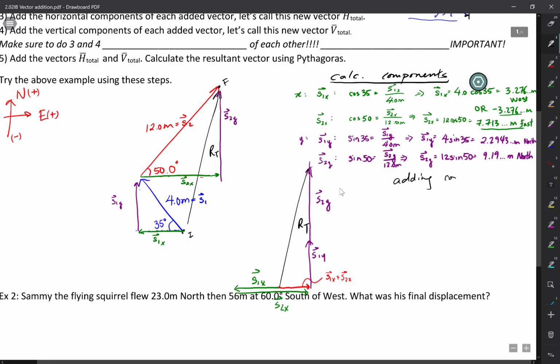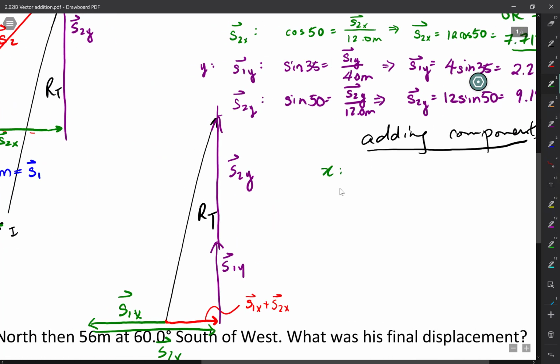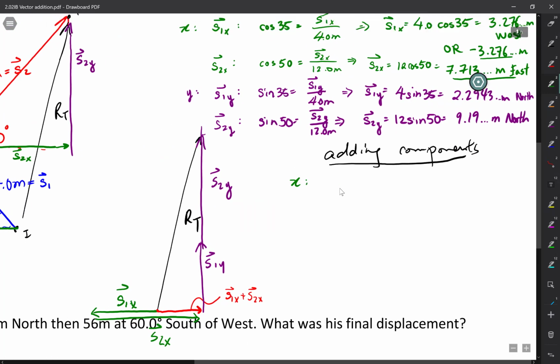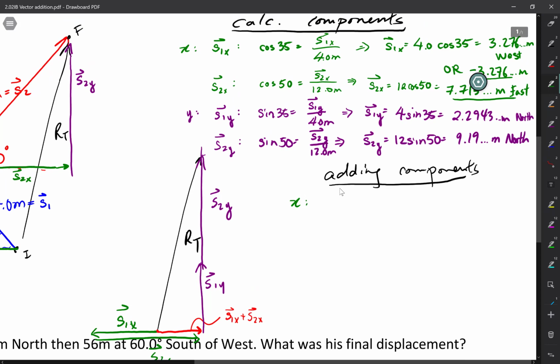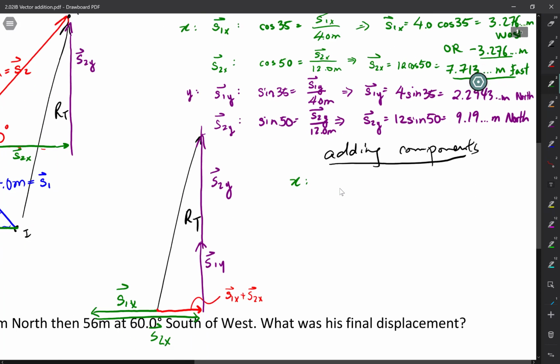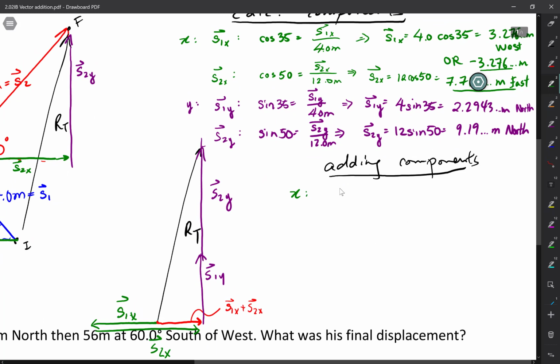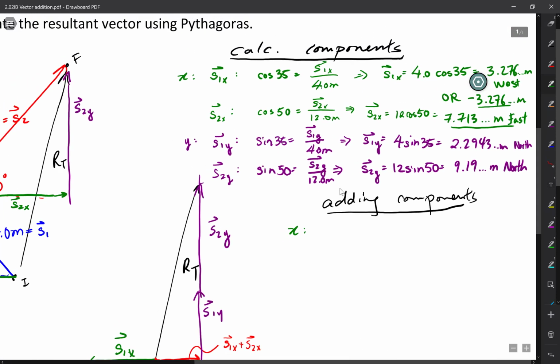So adding components. Now, when I add these two components together, I need to pay attention to directionality. Directions matter. Okay, because why? Because if you take a look, one is opposing the other motion, which means if you walk back to where you started, you're not going to be displaced as far as you think you would be. So I'm going to start with S1.